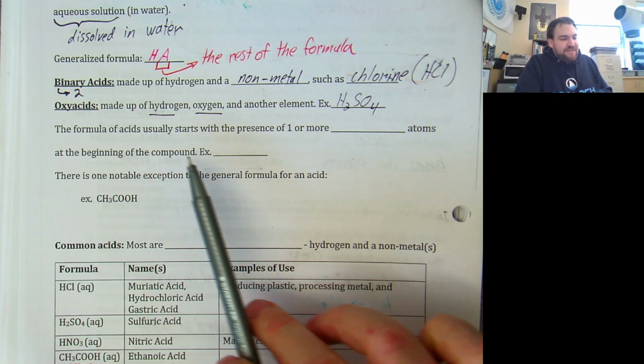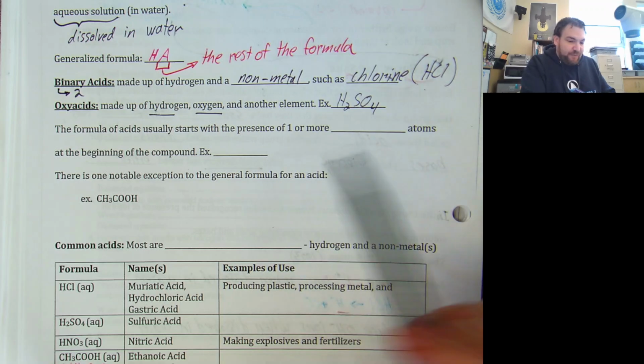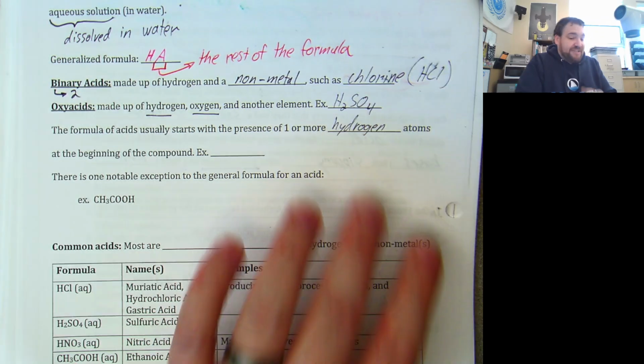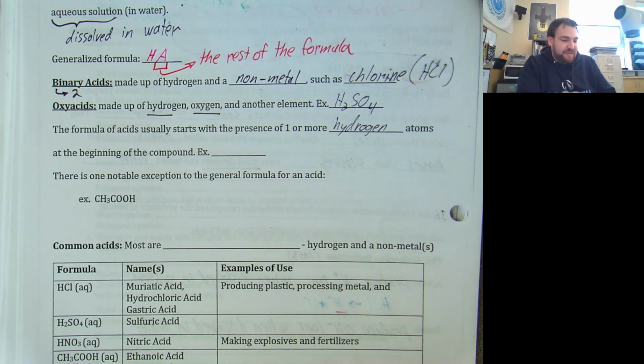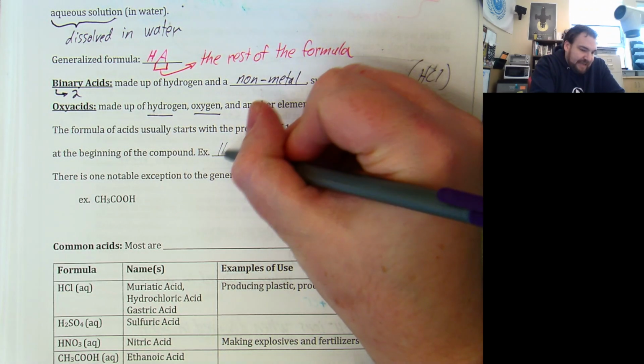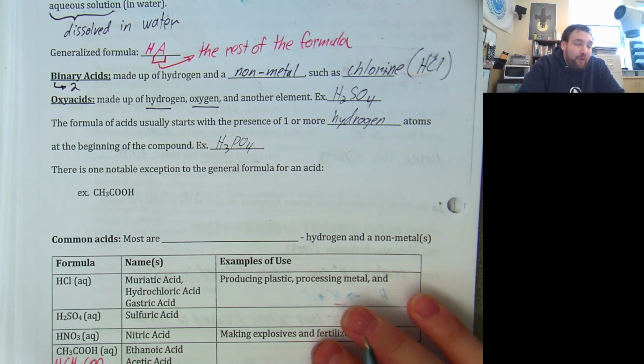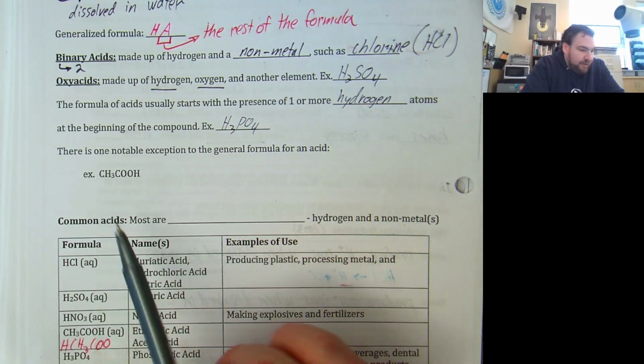The formula of acids usually starts with the presence of one or more hydrogen atoms. There are exceptions, but as a general rule, the hydrogen is always listed first. For example, something like H3PO4. I've already said it, but we'll formalize it right here.